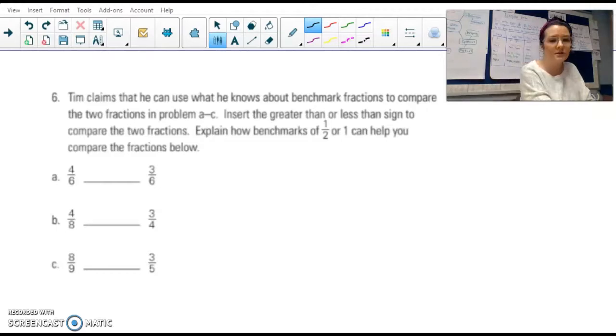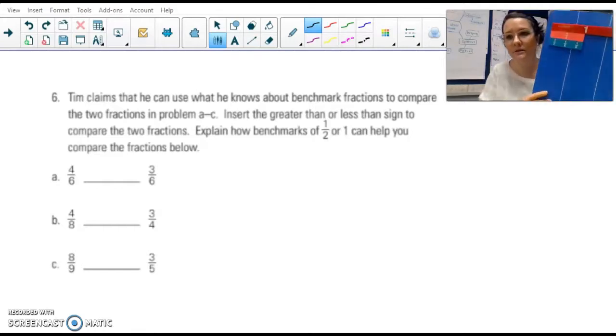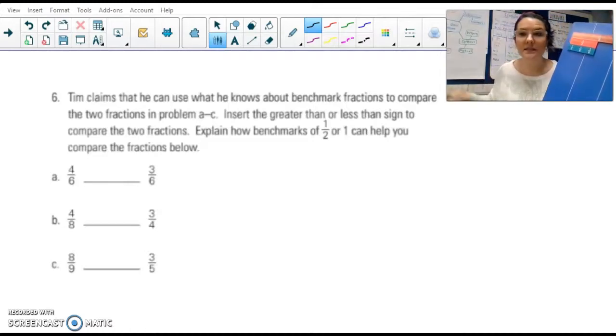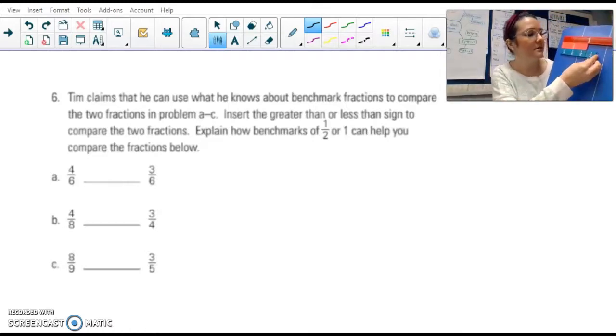So the first one is 4/6 and 3/6. Okay. Well, I'm going to use that benchmark of 1/2 because I just had it on my board in the previous question. And I know that 3/6 is equivalent to 1/2. Well, 4/6 is 1 more 6.